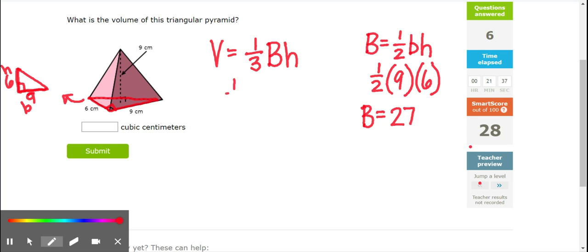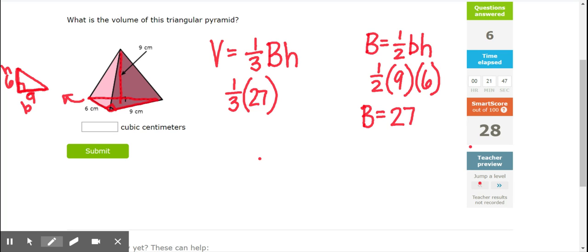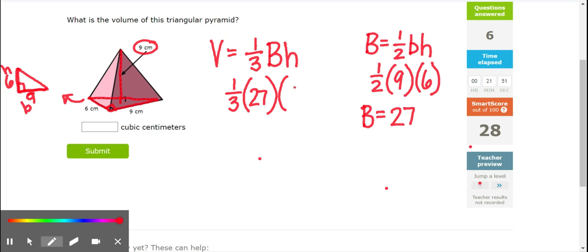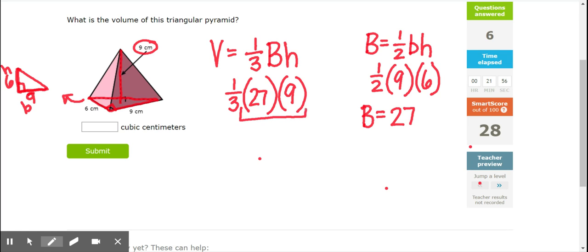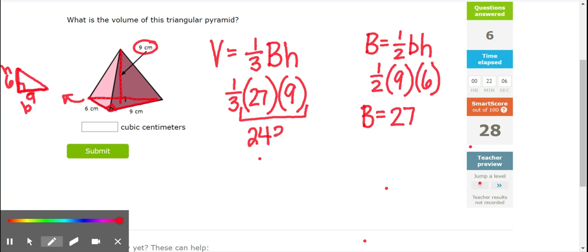I'm going to bring down this 1/3. I'm going to substitute in a 27 for my capital B. And then my H from the base to the tip top point is 9. So my height for this problem is going to be 9. I'm going to type 27 times 9 into my calculator first, and I get 243.